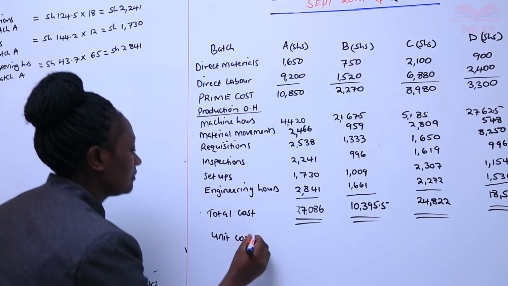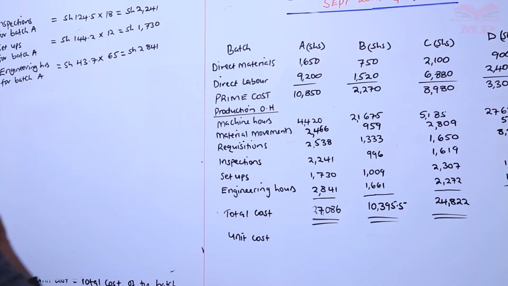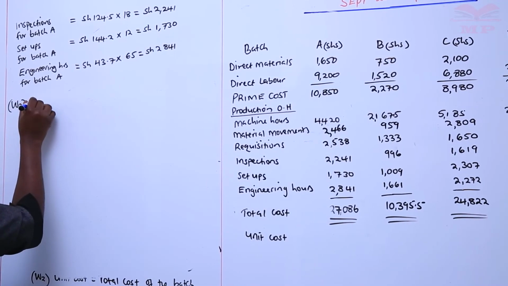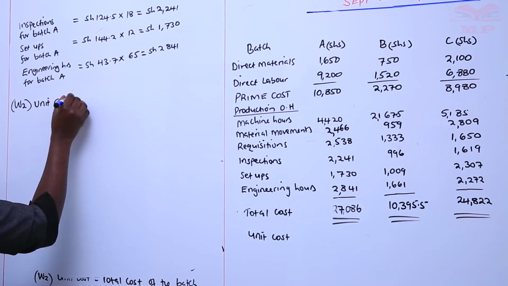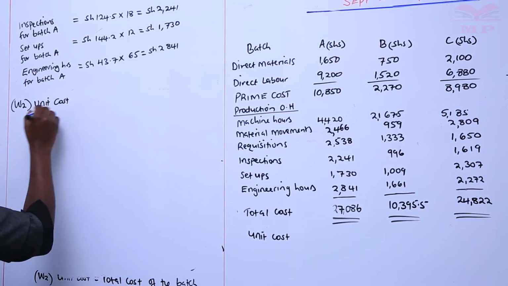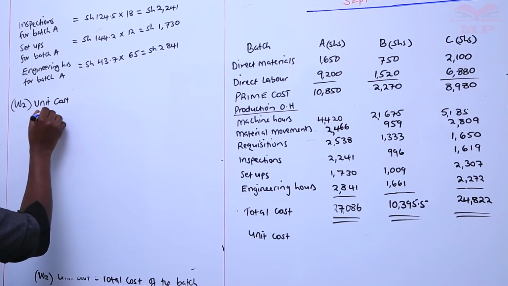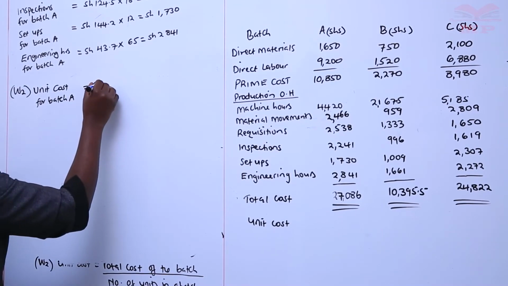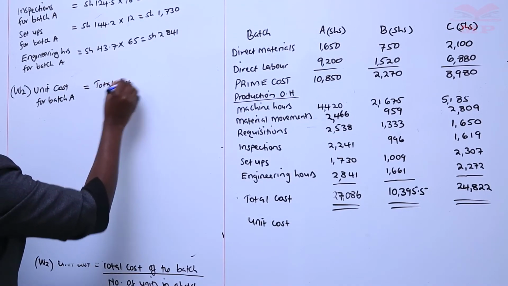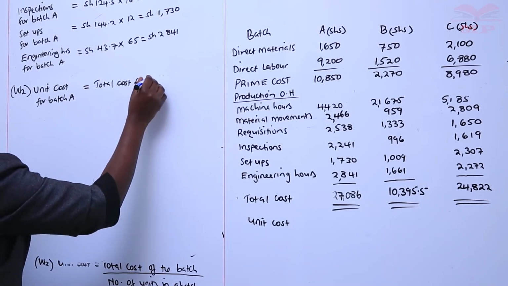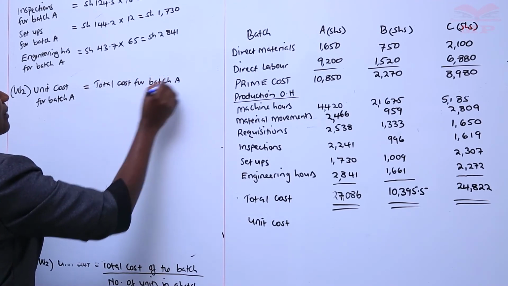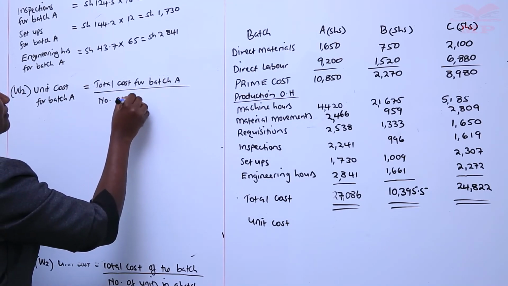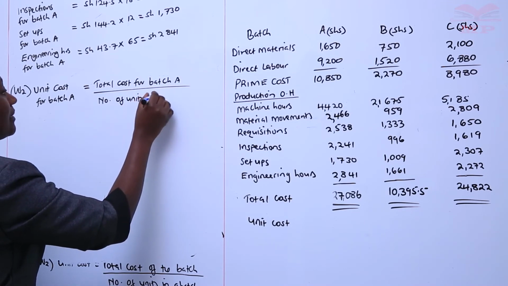In this case, this will be our working number 2, unit cost, beginning with batch A. So unit cost for batch A will be equal to the total cost for batch A. We divide this by the number of units for batch A.